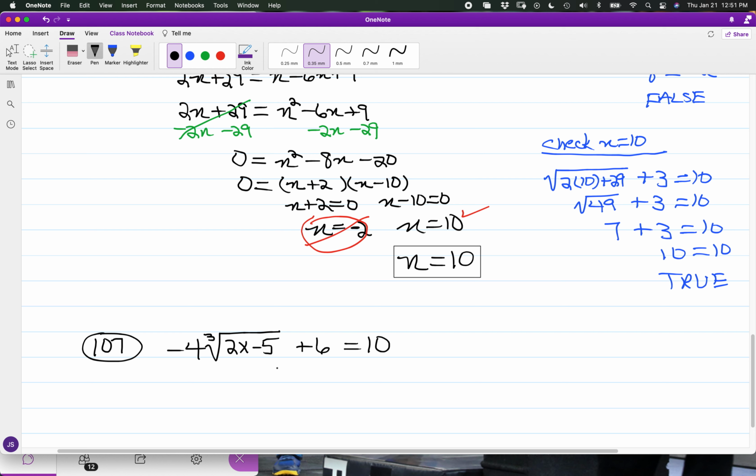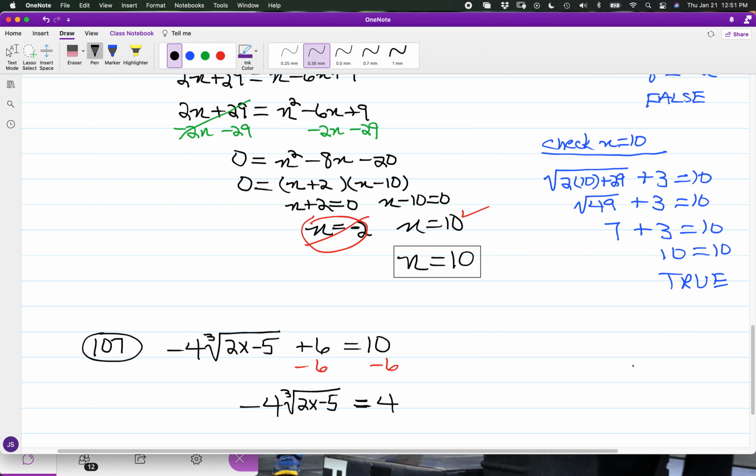If I isolate the radical term first, by undoing the addition by 6, I can take 6 away from both sides. So we have negative 4 times the cubic root of 2x minus 5 is equal to 4.